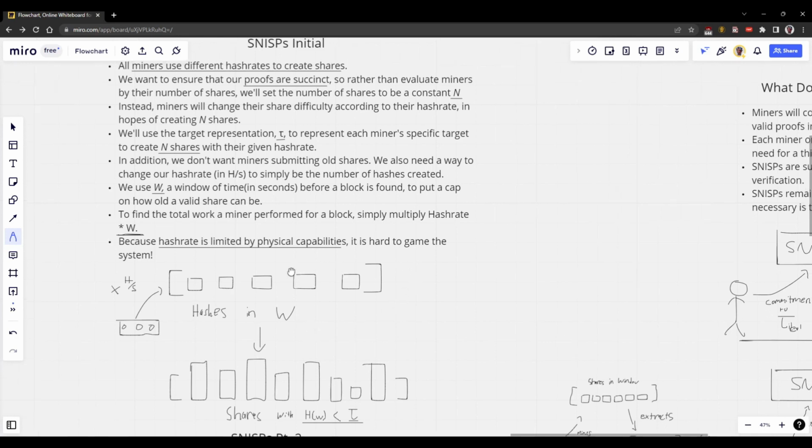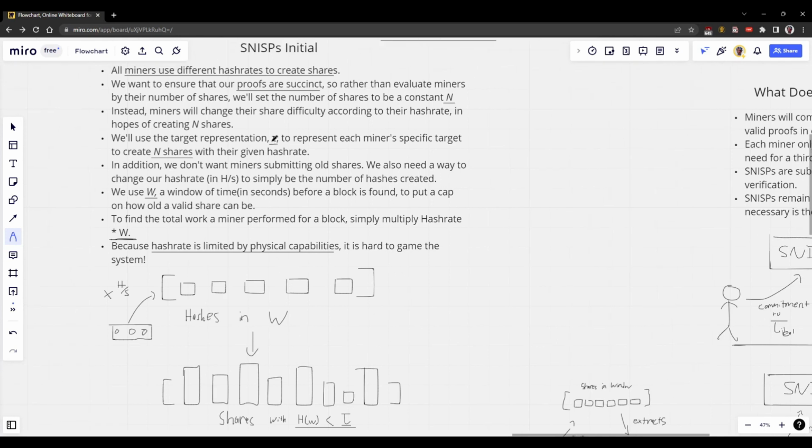Now, just to go over this ta value because it's pretty important, let's think about two miners on our SNISP mining pool. One miner is going to have 500 megahashes a second, and another miner is going to have 500 gigahashes per second. These are completely different values, and they're quite a few orders of magnitude apart.